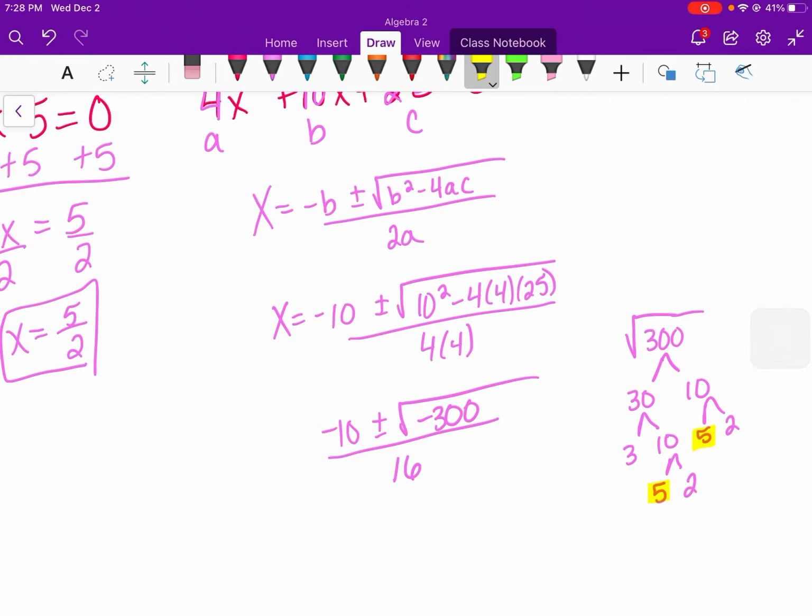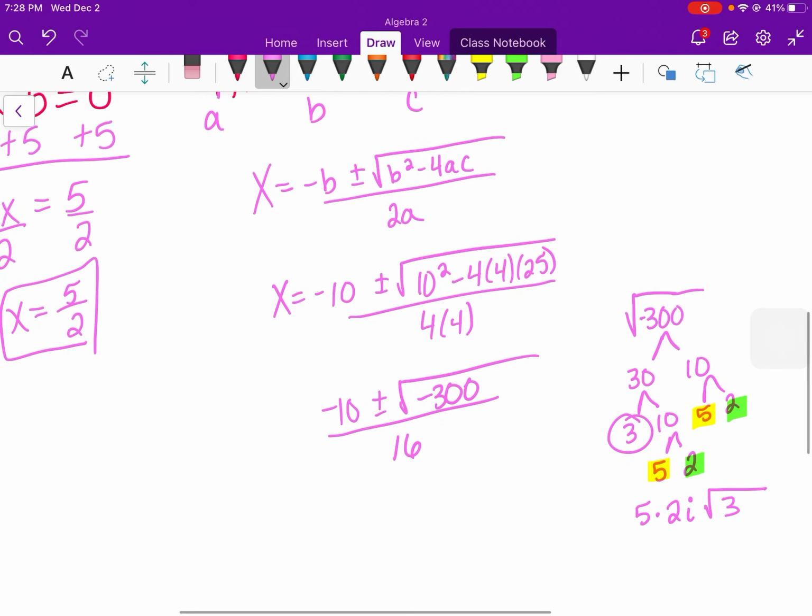I have two 5s, so you can take out a 5, and two 2s, so you can take out a 2. On the outside, you have a 5 times a 2. You also have an i because it was a negative 300. And on the inside, you have one lonely 3 left. So it'll be 10i square root of 3.